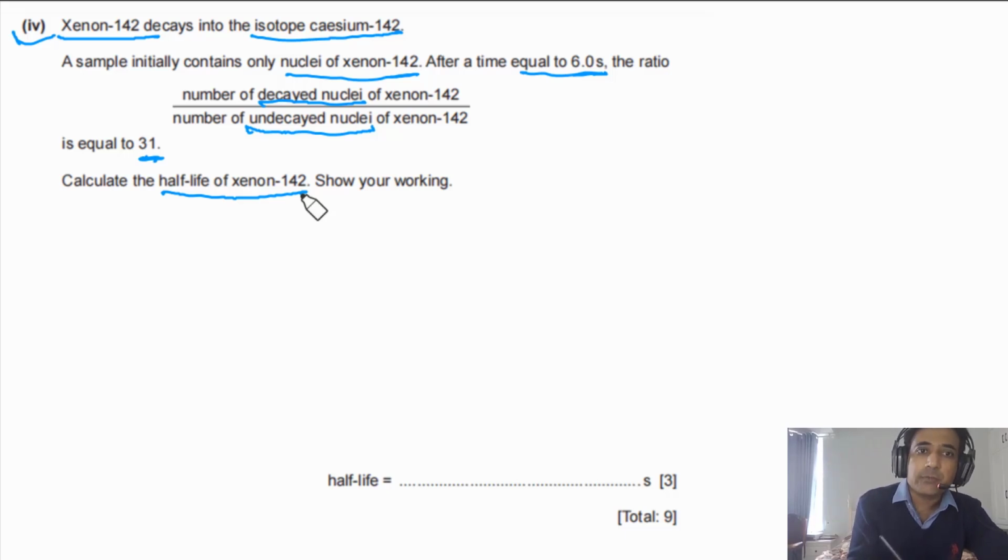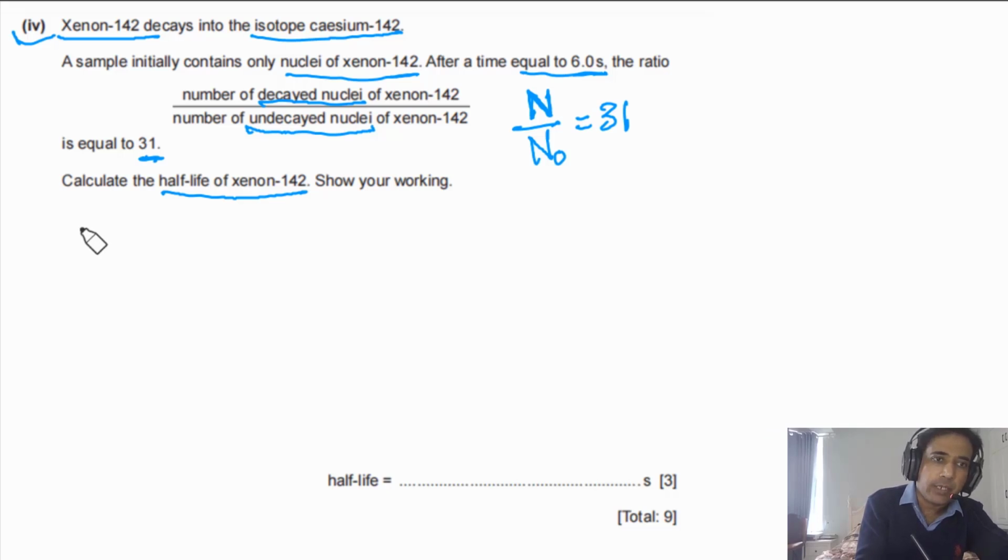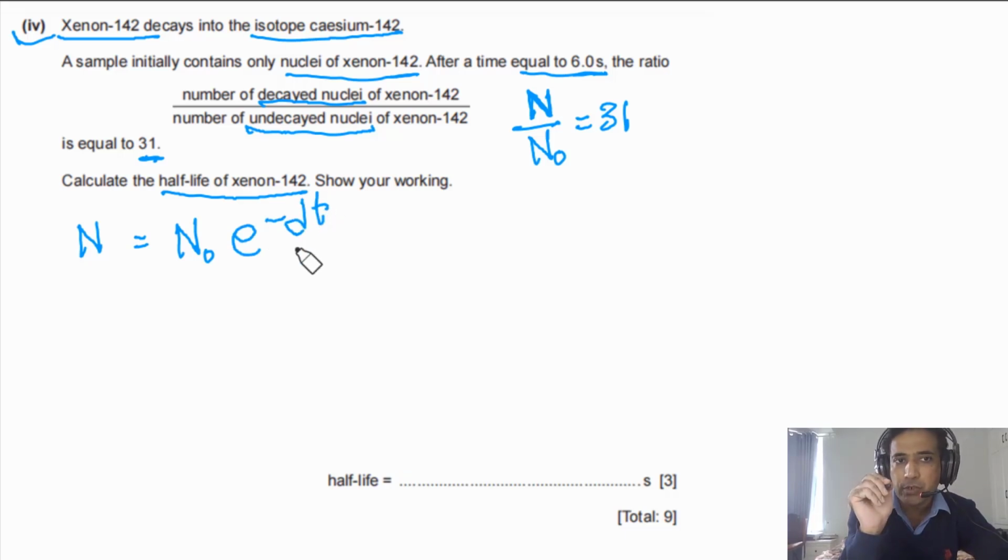When some students look at this question, they will interpret it like this: N over N naught is equal to 31, and then they will use the formula N equals N naught e to the power of minus lambda t, and try to figure out the value of half-life. Lambda in this case is the decay constant. They have this misconception because they don't understand what this N is representing.